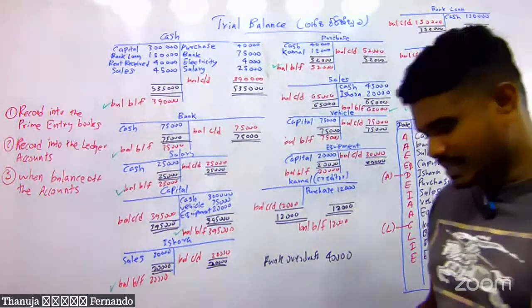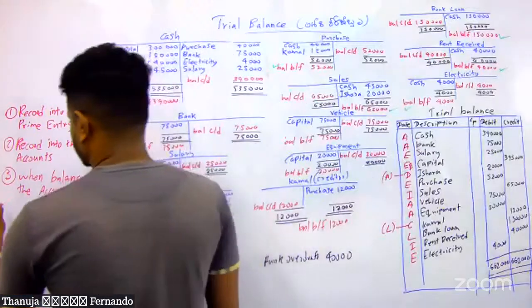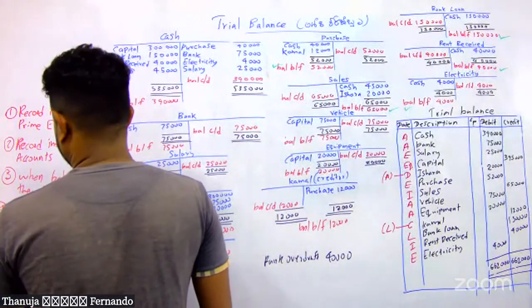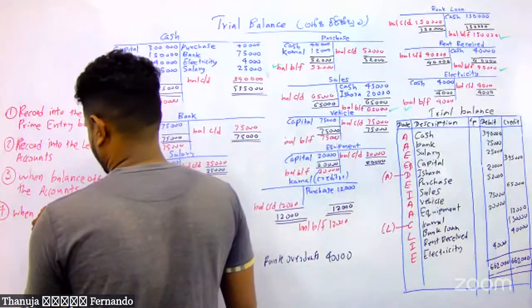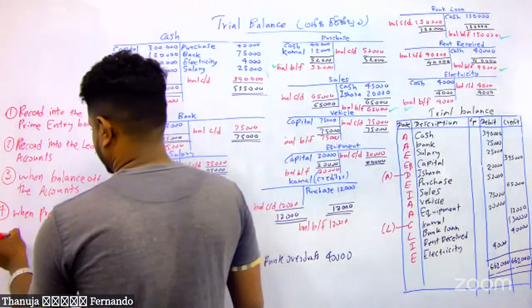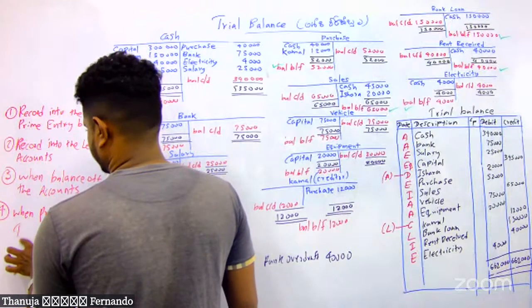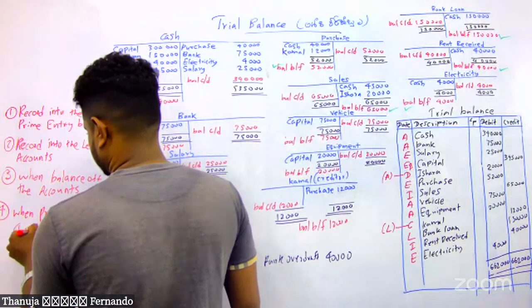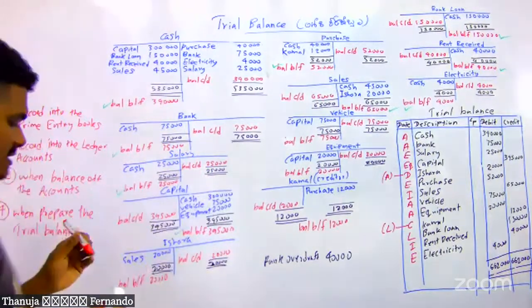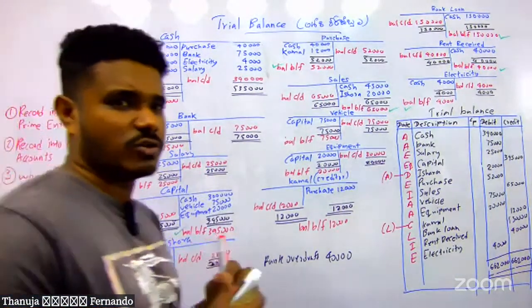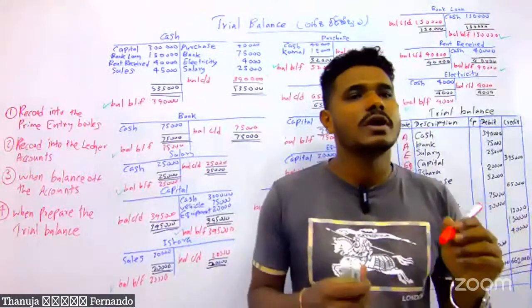So what is the next occasion? When we prepare the trial balance. These are the occasions when accounting errors may occur, right?